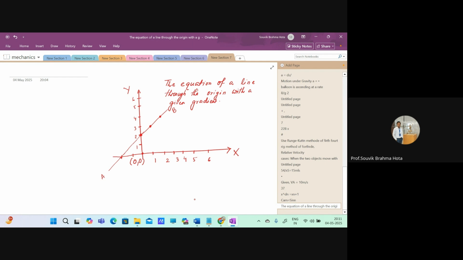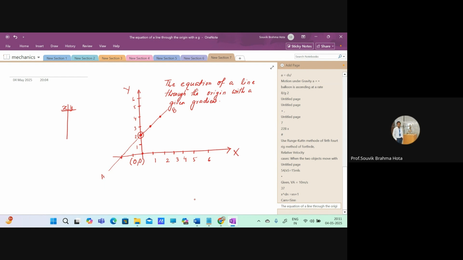The idea is, if I take these points and want to check in the xy coordinate what those points are, you can identify some of them. If I consider this point, it is on the y-axis, and on the y-axis the x value is 0, isn't it? Yes, sir.